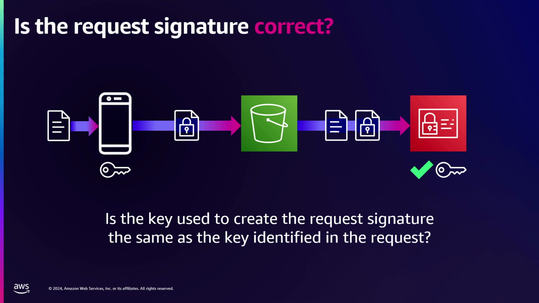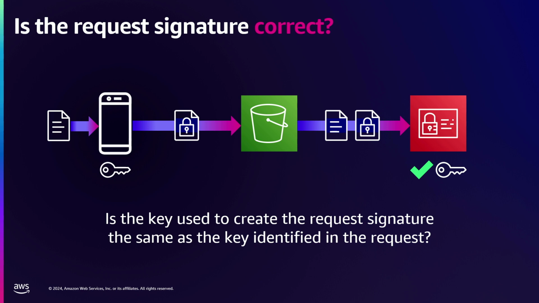Given the string that we extract from the request you give us and the key we then know that you're supposed to possess, do we compute the same signature exactly that you computed, right? So this is about can we prove that a specific key was used to sign this request? And it's astronomically unlikely that any other cryptographic key could produce the same result.